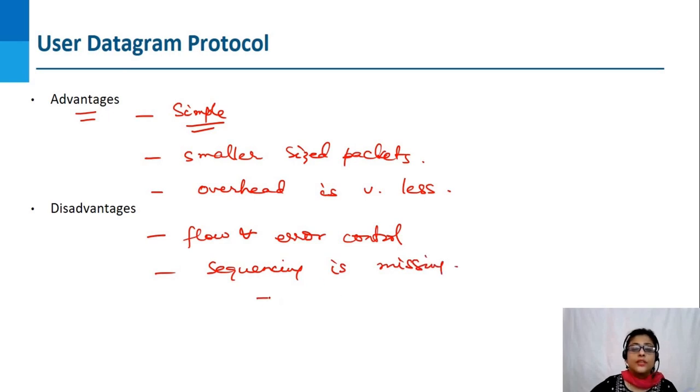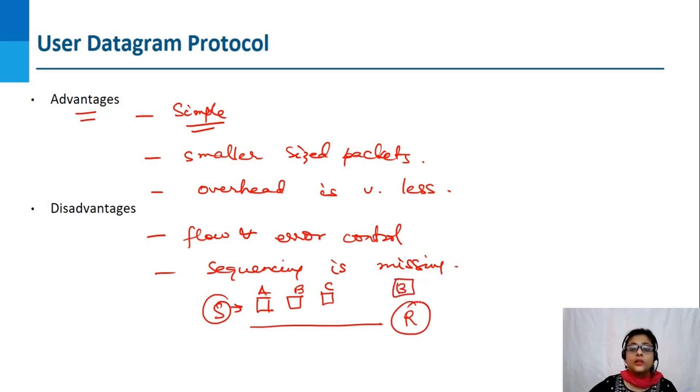Sequencing means if you send packets, let's say A, B, C from the sender, it can so happen that at the receiving end, packet B reaches the receiver before packet A comes. So sequencing is not possible in User Datagram Protocol. So this type of protocol is mainly used when you have a very small packet to send to the receiver and you do not care about flow control, error control or sequencing.